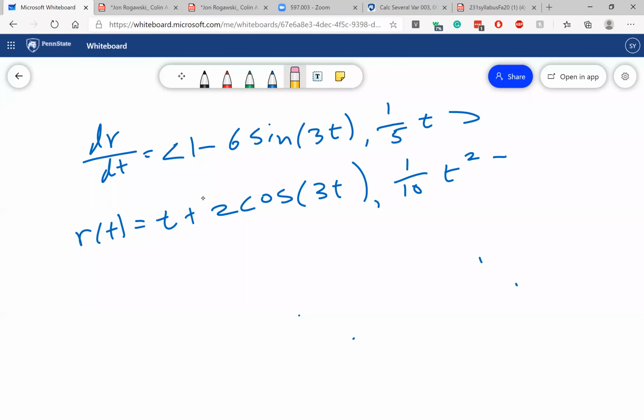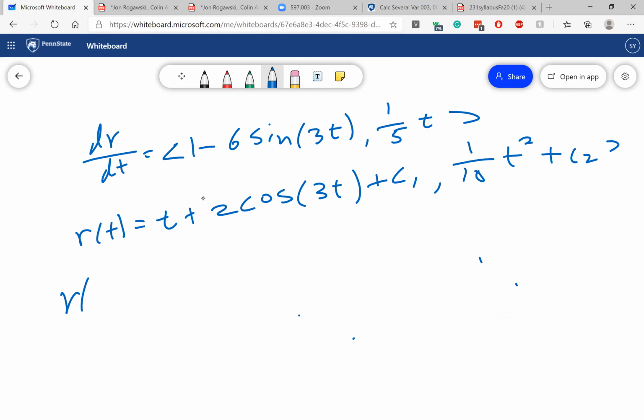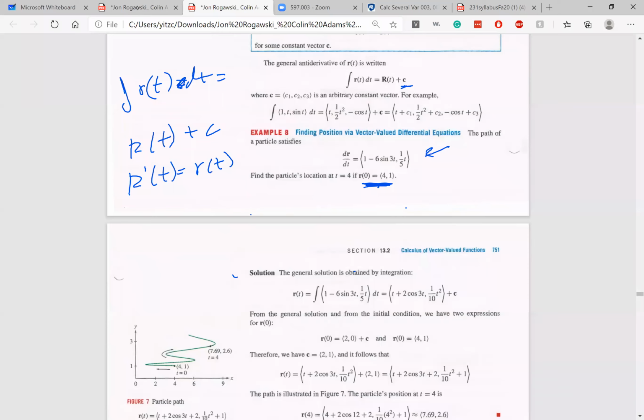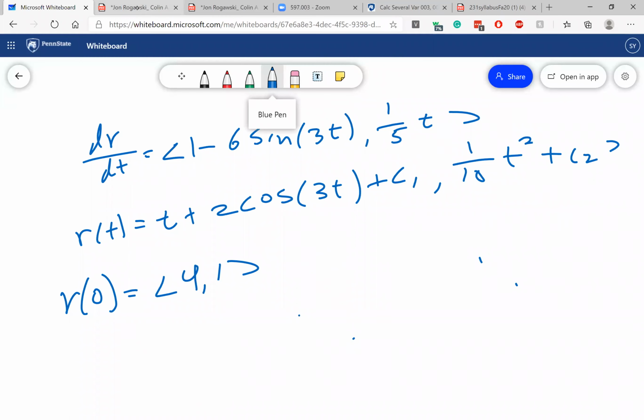Sorry. So it was this plus C1, comma, 1 over 10 t squared plus C2. Now r of 0, we're told that that is equal to 4, 1.